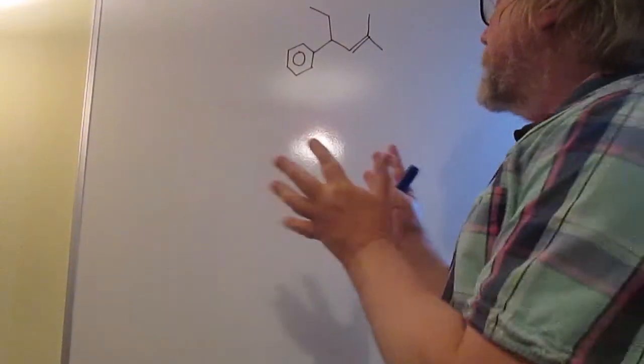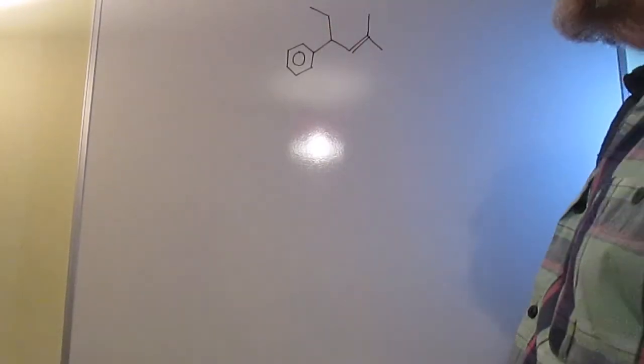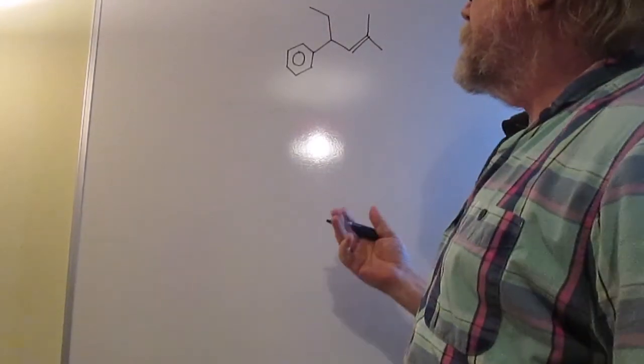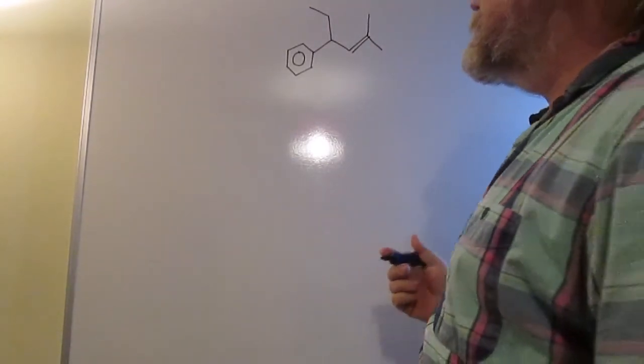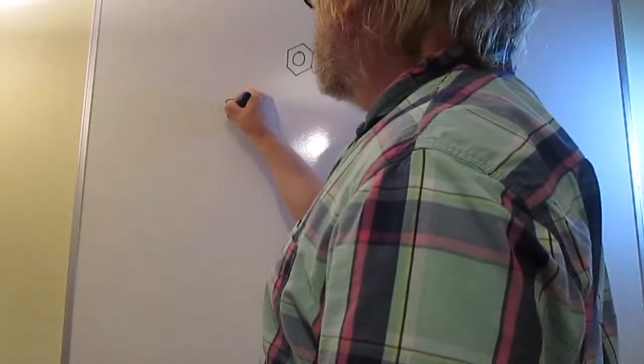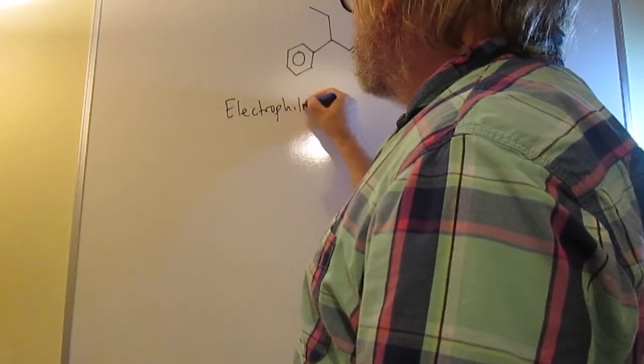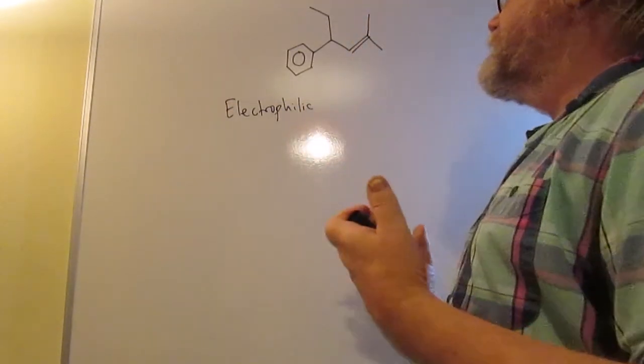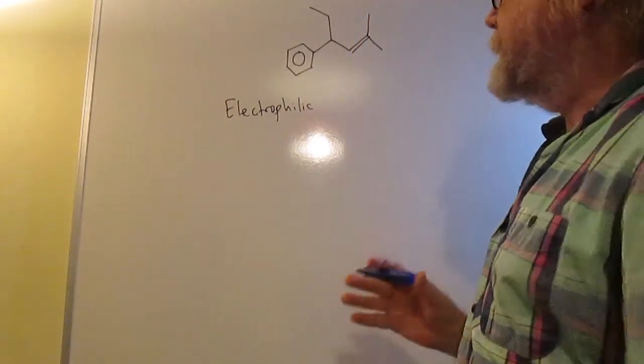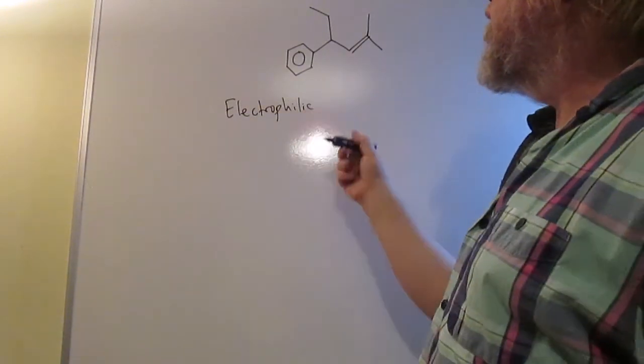Next it wants the mechanism for that Friedel-Crafts reaction. So remember, all of these aromatic reactions which you learn at A level are electrophilic substitutions. Electrophilic, remember, meaning that an electron pair is accepted by the thing that's attacking the ring, as we'll see in the mechanism in a minute.